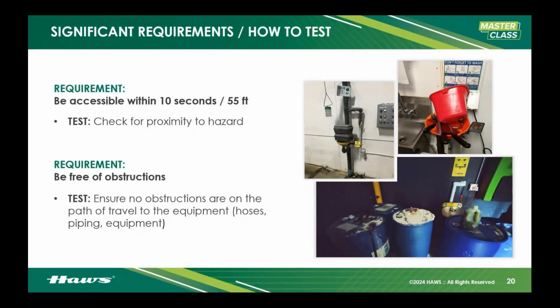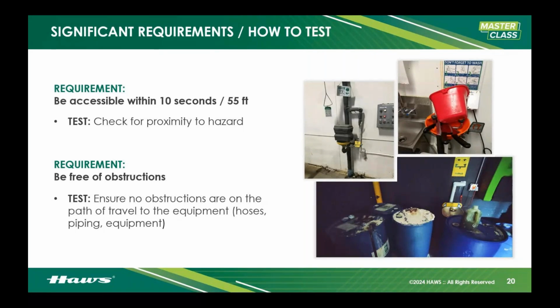And on the bottom photo, you're leaping over what already looks like corrosive chemicals to get to an eyewash where there probably should be a shower, to be honest with you. We do not want obstructions. This can look like tool carts, garbage cans, a forklift, etc. You have to keep the path clear and the area in front of the emergency equipment clear of obstruction.